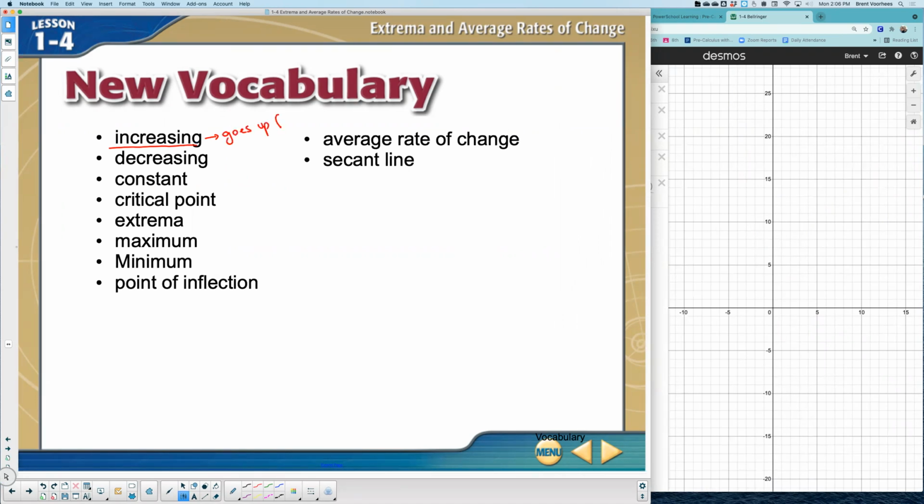Goes up from left to right. So unless we're talking about a limit and we use the word increasing, that's the only time it might be different. Otherwise, we're talking about going up from left to the right. Decreasing would go down from left to right, constant meaning flat. We're going to get to maximum and minimums, which would be the highest and the lowest points. Okay, and we'll finish with average rate of change or a secant line.